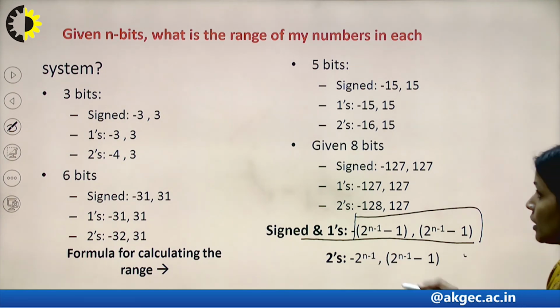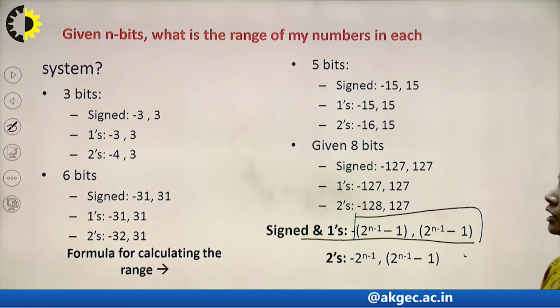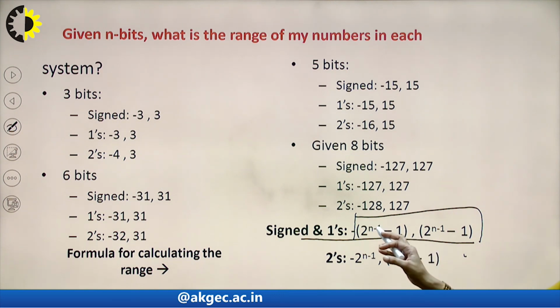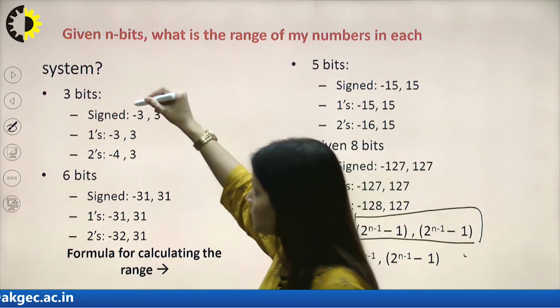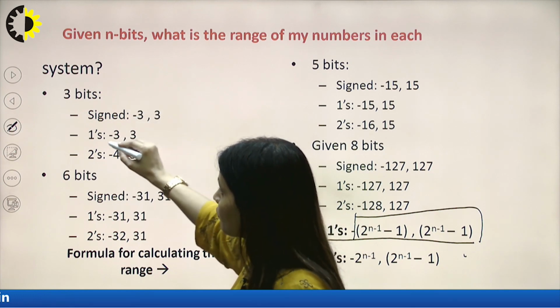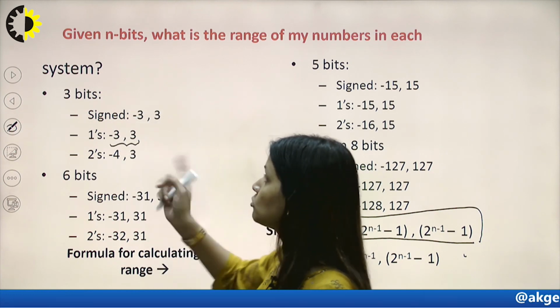That means if a 3-bit system is given, we can just put 3 in place of n and find the number range. For example, for 3 bits in 1's complement, the range is from -3 to 3.